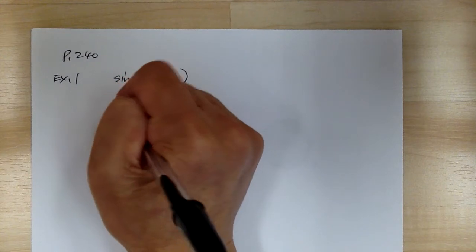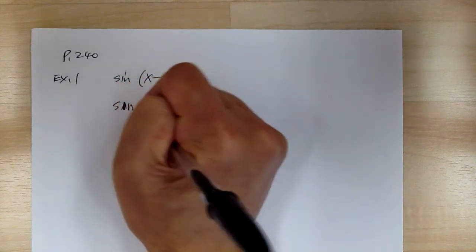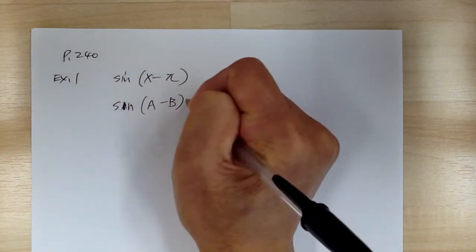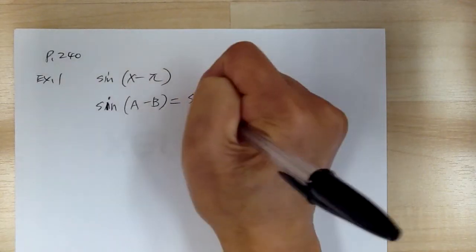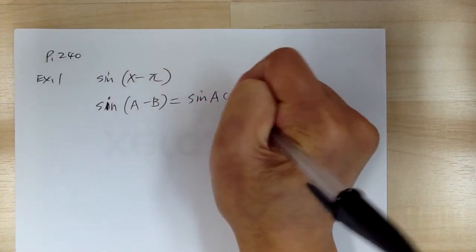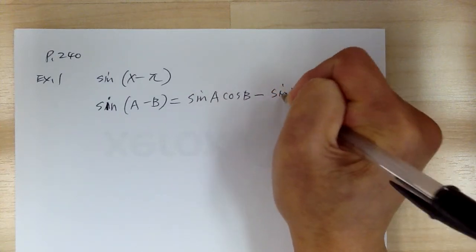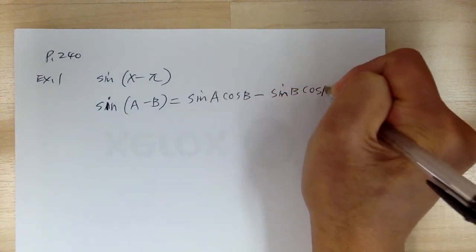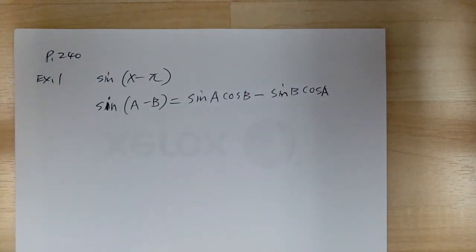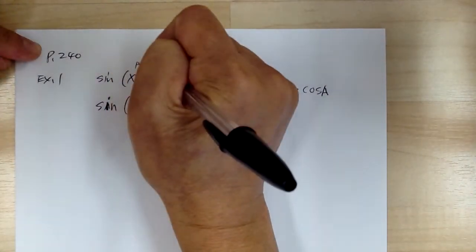So sine of a minus b is equal to sine a cosine b minus sine b cosine a. Right. So that's my formula. So I'm going to substitute. So again, this is my a, this is my b.